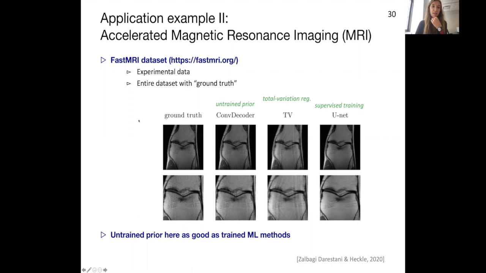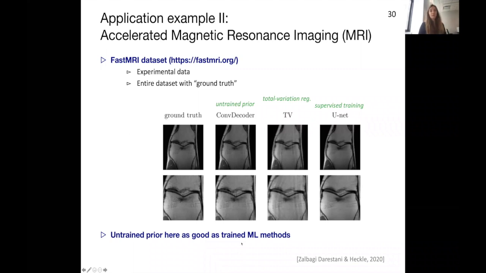And this means that we can have some ground truths, which is the case where we would have taken all of the information by taking the time of making all of the measurements and not downsampling. And in this very recent paper, they were able to show that untrained priors were behaving similarly to a supervised method for solving inverse problems, and better than classical regularization methods such as total variation.